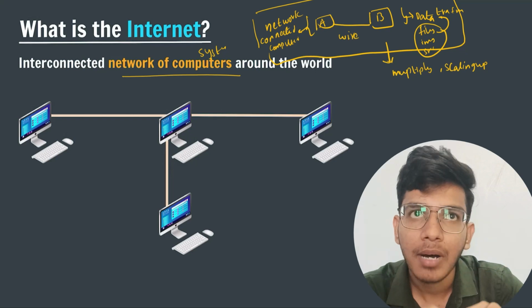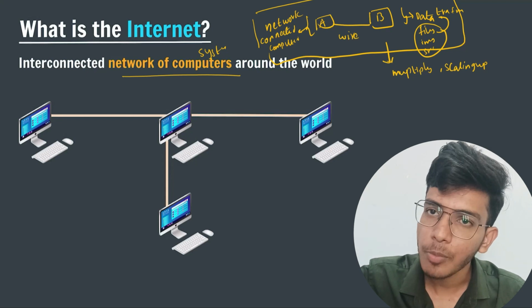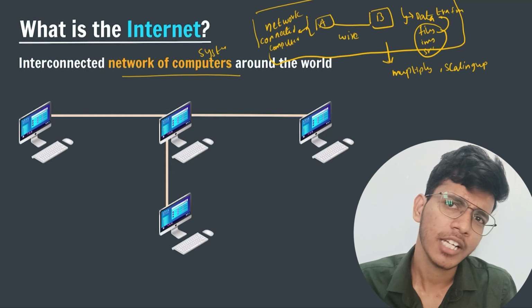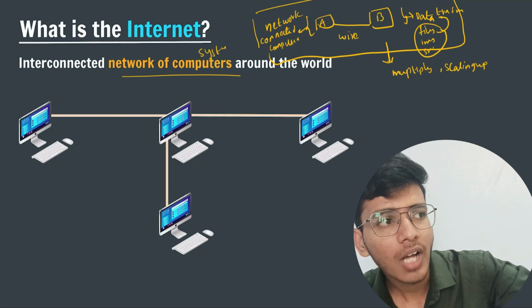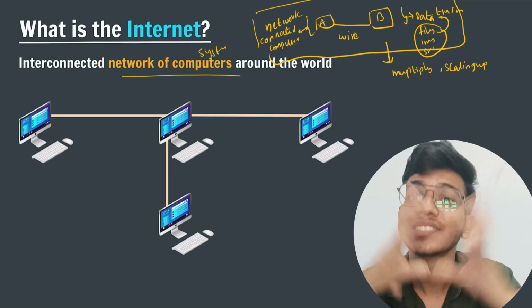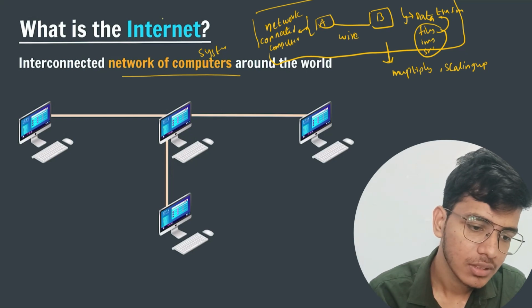I connect my computer with his computer, and that computer is connected to another computer in Korea, and that to another computer in Japan, right? When this process gets multiplied, we call this the internet.